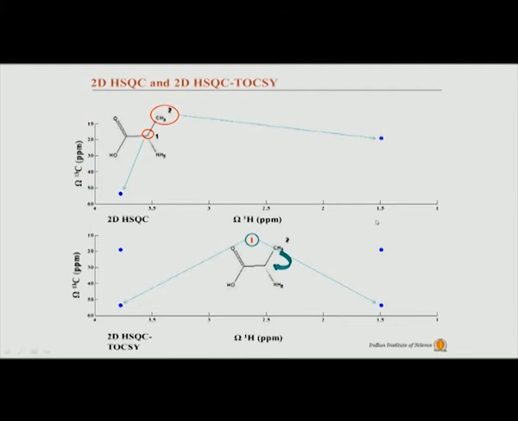HSQC TOCSY helps when you have a mixture of molecules. Remember, in NMR with organic compounds we typically have a pure compound in hand, and all our spectra are typically recorded on a pure compound. But let us say you are working on a project where you have a mixture of compounds. Then how do I figure out which peaks correspond to which compound?